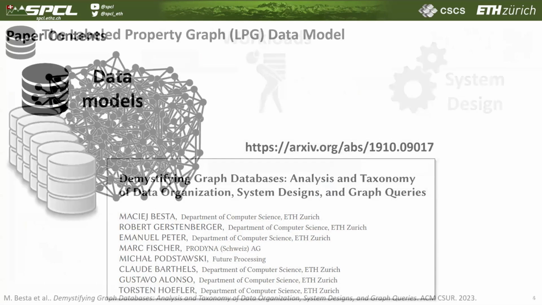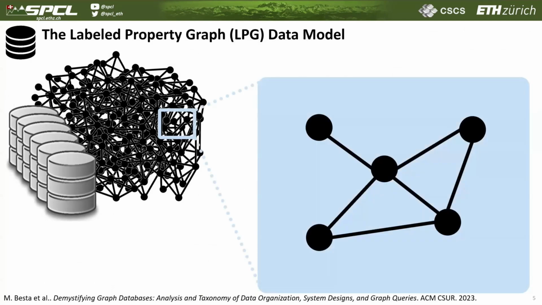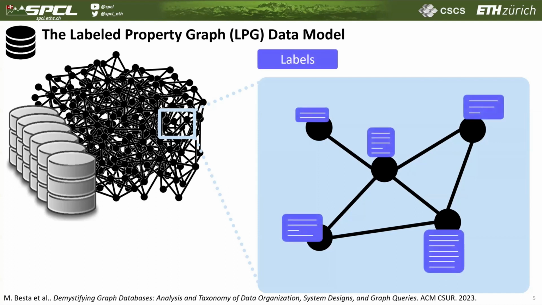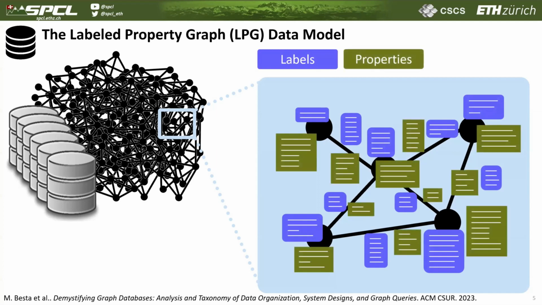In data models, we focus on one hand on the labeled property graph, in short LPG, in which, in addition to the basic graph structure that we use to model the given entities and relationships, we also use labels that we can attach in different configurations to vertices and edges to provide ways to categorize these parts of the dataset, as well as properties, which are key value pairs that we can attach to edges and to vertices to further describe the data.